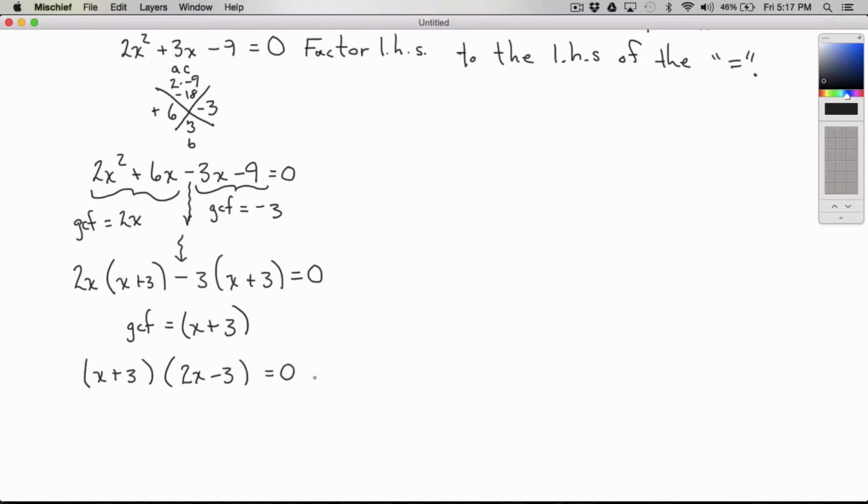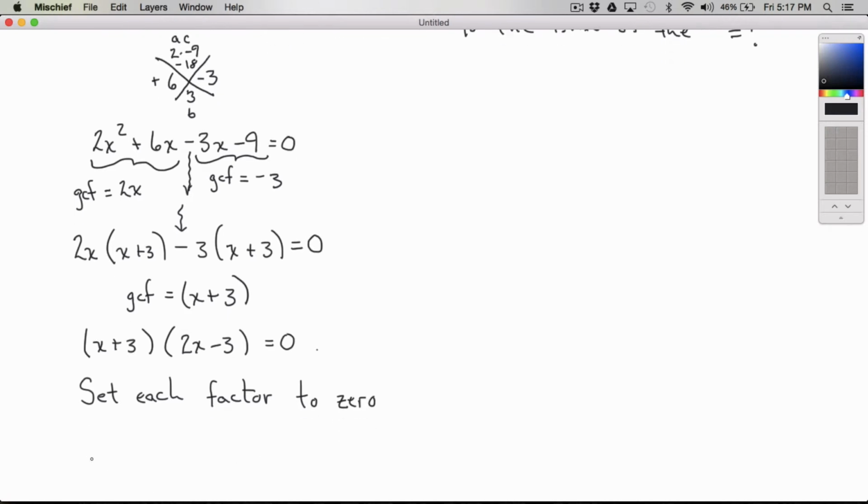So let's go down one more line. Now we set each factor to 0 and solve for x.